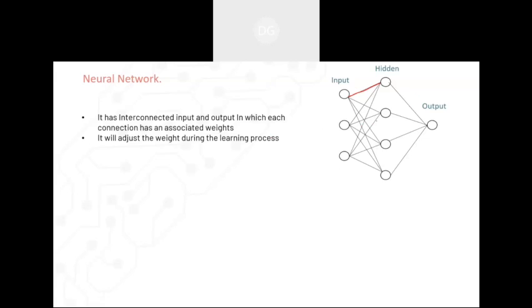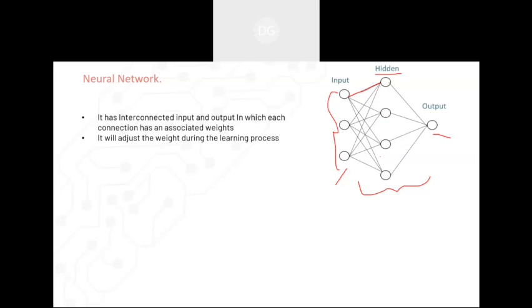We will have an input layer, an output layer, and hidden layers. The starting layer is called the input layer, the last layer is called the output layer, and in between the input and output layers, even if you have several layers, we call them hidden layers.